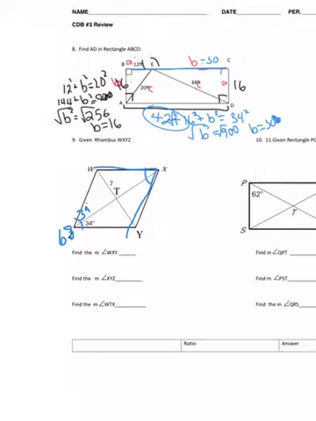And because rhombus is part of the parallelogram family, opposite angles would be congruent, so also 68. Find the measure of XYZ. X, Y, Z. So another property of parallelograms, which this is a family, is that consecutive angles are supplementary. So if I do 180 minus 68, this is going to be 112.